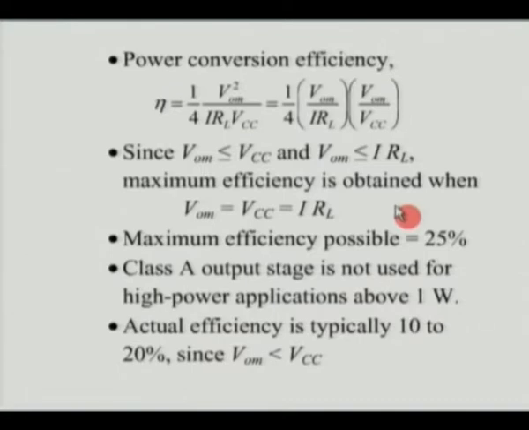So, typically the efficiency you get in normal operation is somewhere between 10 to 20%, because the peak of the output swing would be less than VCC. So, something extremely important to remember is that a class A amplifier, even though it gives us the least distortion because it conducts throughout, is the least efficient.